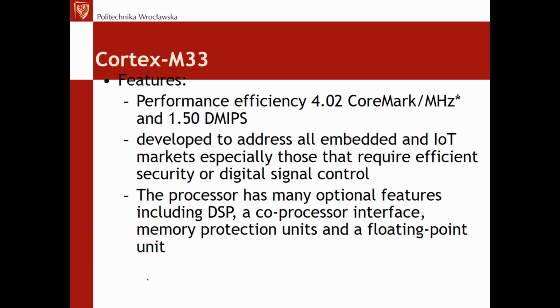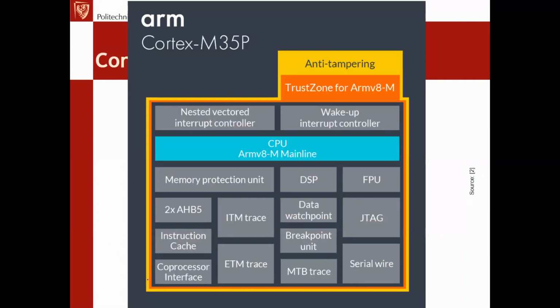Like with the M23. The next 2 cores, the last ones available, because to my knowledge there is nothing newer, are the M35P and the M55. In case of M35P, the difference is adding another protection layer, called anti-tampering.